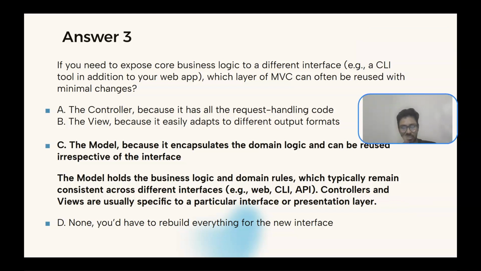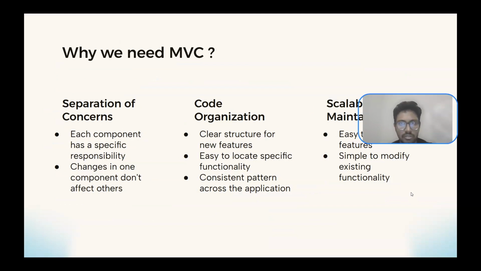In this example, it is a CLI tool in addition to your web app. For a CLI tool, you definitely have to change your view. You definitely have to change the controller, but your model can be reused because the data is the same. How you interact with the user is different. How you display it to the user is different. So that's the reason.